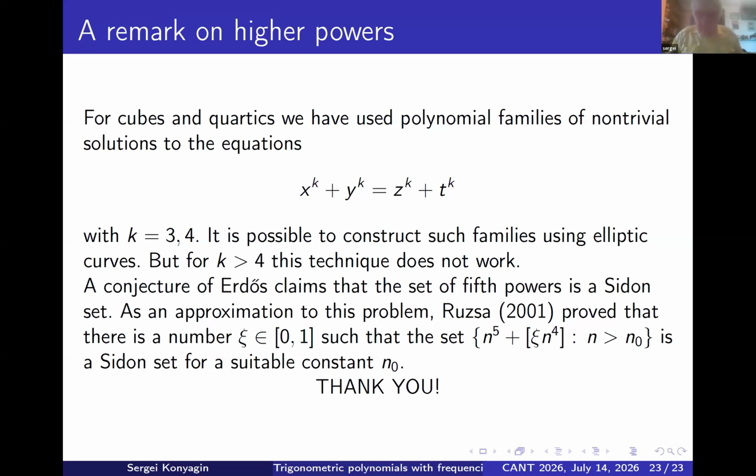This is true for polynomials, but not only for polynomials. Then it is possible to prove results similar to what we proved for squares, cubes, and fourth powers, that the segment of size square root of n produces a Sidon set.